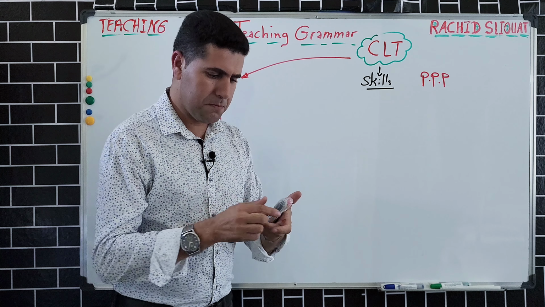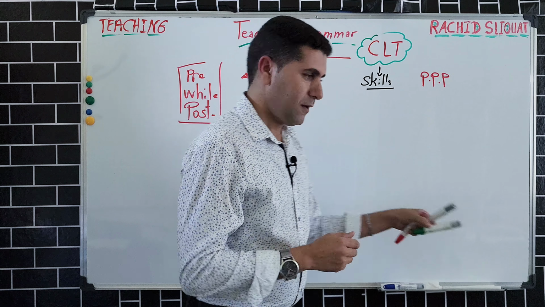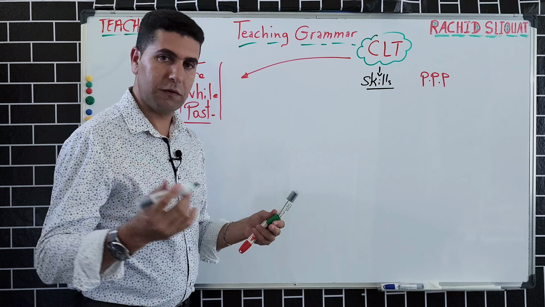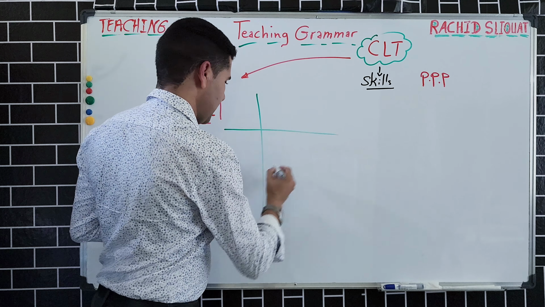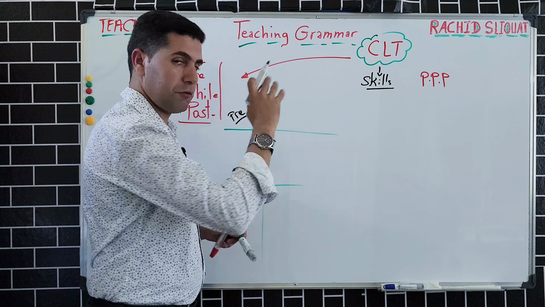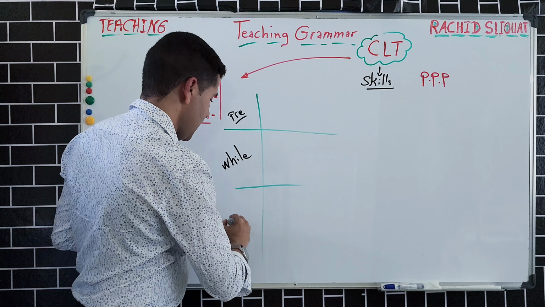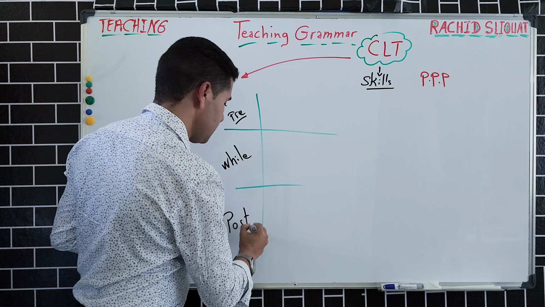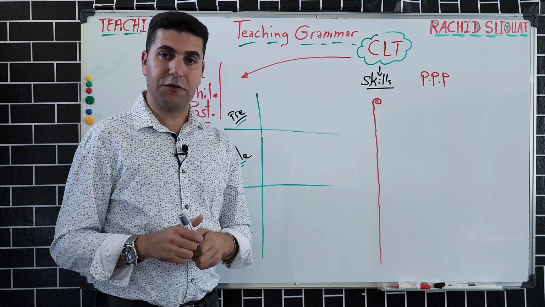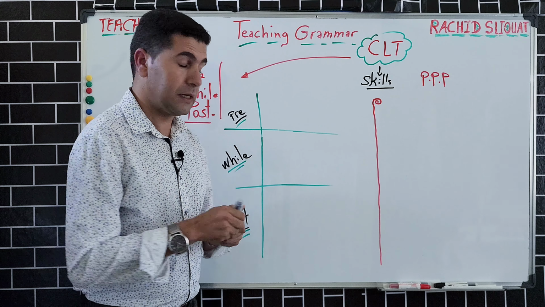Number 2, the pre, while, and post. How can we implement this model in the teaching of grammar? This is something you can use while making a lesson plan. Here we have the pre-grammar, the while grammar, and the post grammar. In the pre-grammar phase, the teacher should bring the grammar instruction into real life.